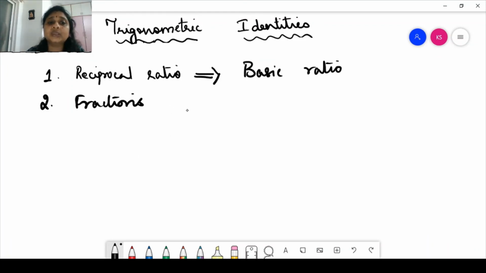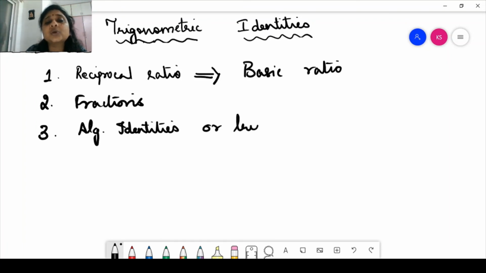That we'll be looking into in our next video. That comes in the next type. And then thirdly, what did we see? Whenever we had algebraic identities or trigonometric identities, we try to apply them, right? So these are the basic things that you will follow.